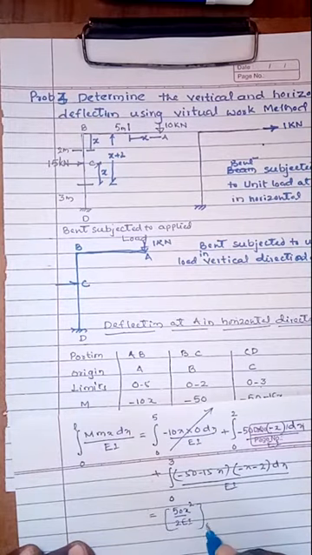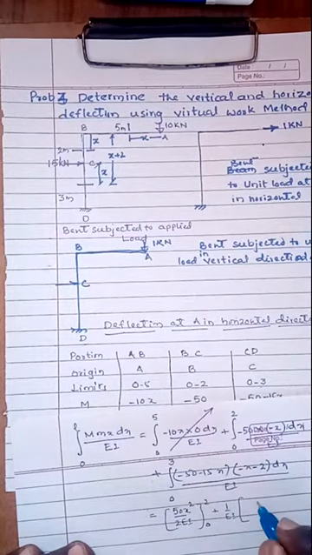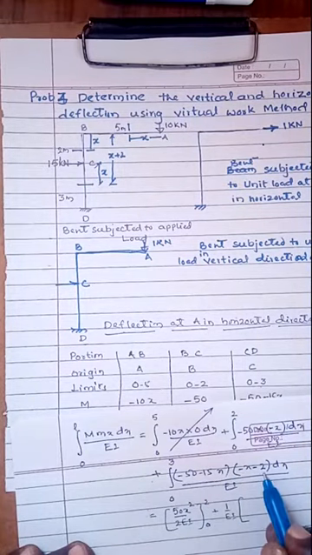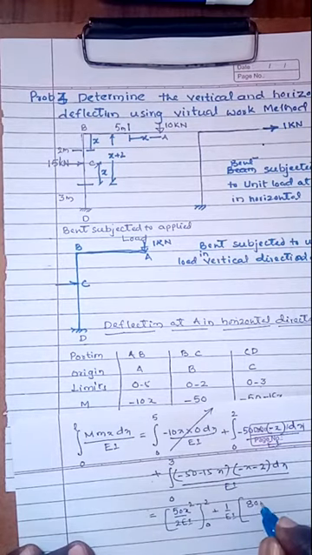The first portion is 0, then this one is 0 to 2. Then for the third portion, if we integrate, 50 into x, 50x, that is positive, then 15 into x, that is 80x. Integration of 80x is 80x square by 2.